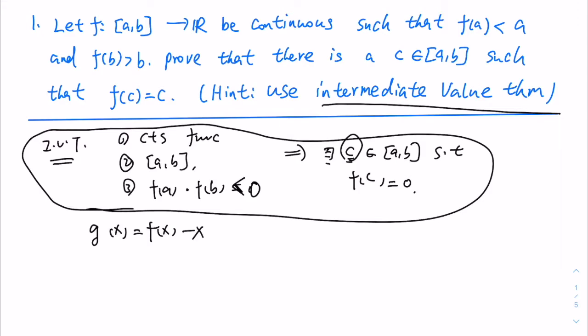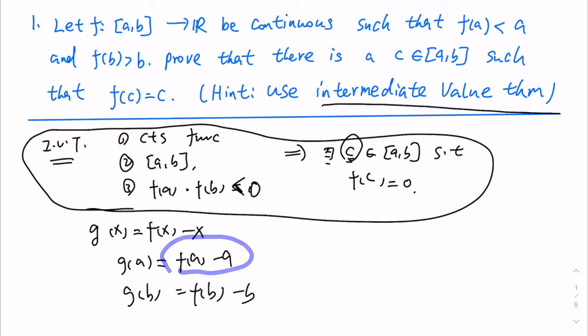And let's check the third condition. So this time g of a is equal to f of a minus a, and g of b is equal to f of b minus b. And what about f of a minus a? We know from this condition, f of a minus a must be negative, and f of b minus b from this condition must be positive. So actually the third condition is satisfied for the new function.